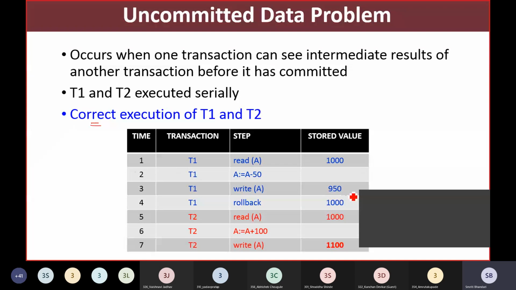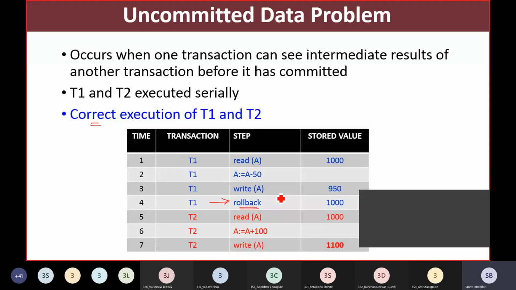But what has happened? Due to some problem, there is a failure, right? And due to that, this T1 has rolled back. See here, we are having this step rollback. What do we mean by this rollback? Due to some failure, T1 has not completed successfully, and that is why T1 has rolled back. Meaning, whatever updates were performed by T1 will get nullified.